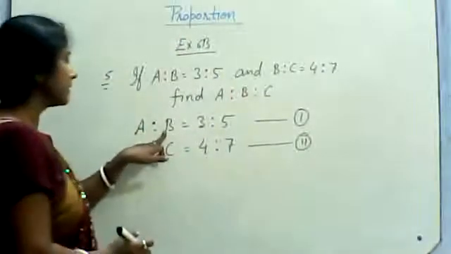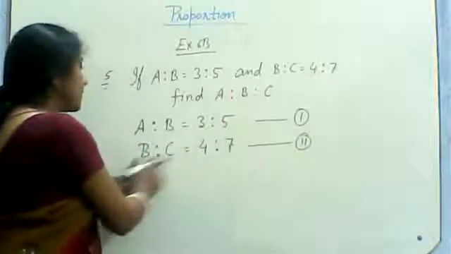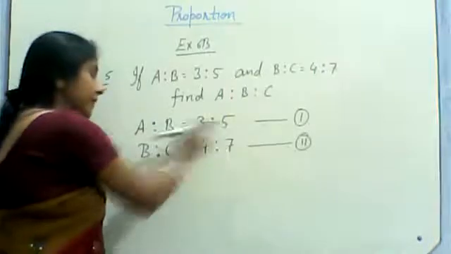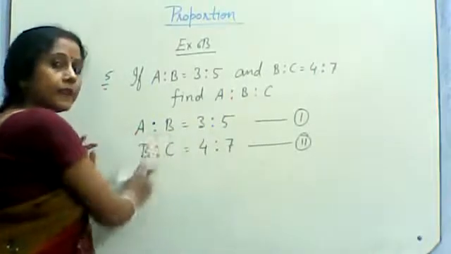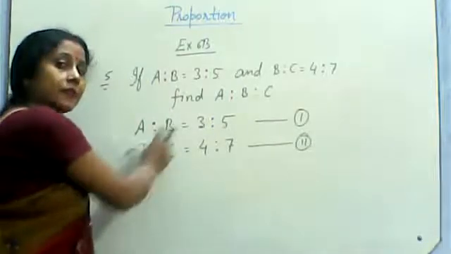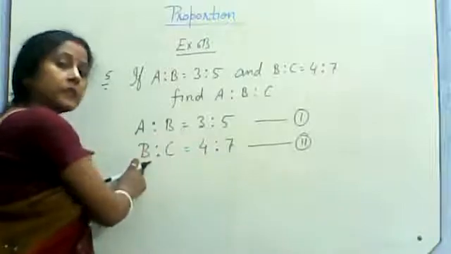Now here B equals 5 and here B equals 4. Same letter: B is present in both the ratios. So B is present in this one also and B is present in this one also.